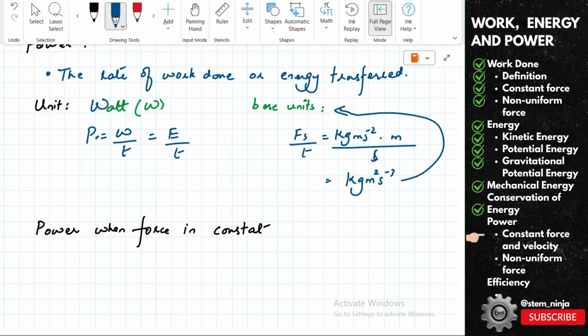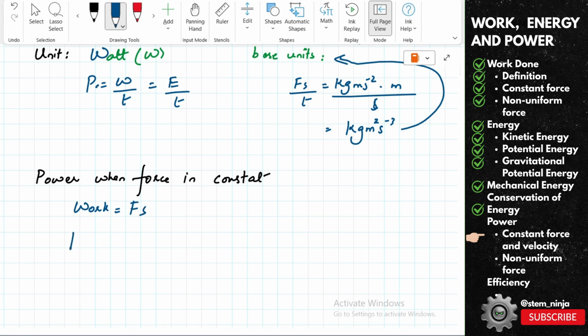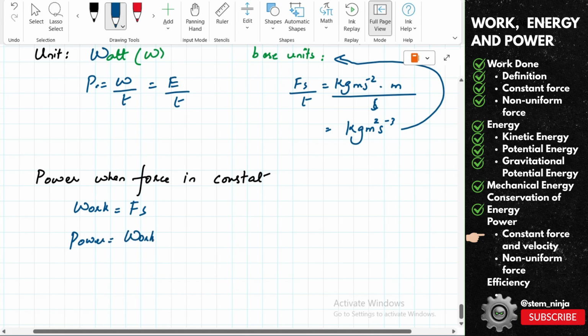Okay, so in this case, when the force is constant, work is simply just Fs. So power, which is your work over time, this would be Fs over t.